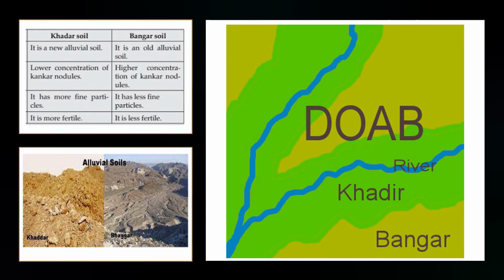Apart from the size of their grains or particles, the alluvial soils are described according to their age as well. They are old alluvium and new alluvium.